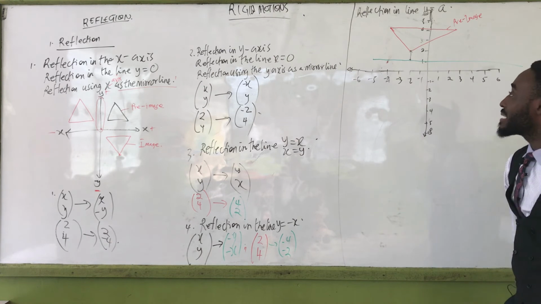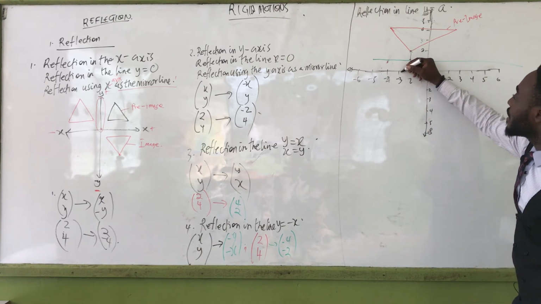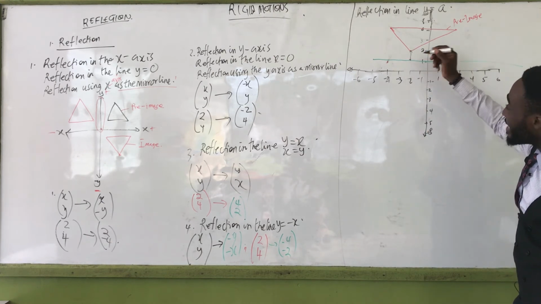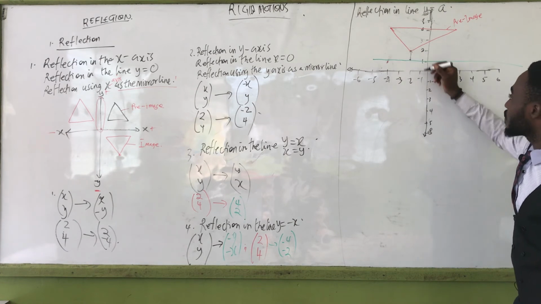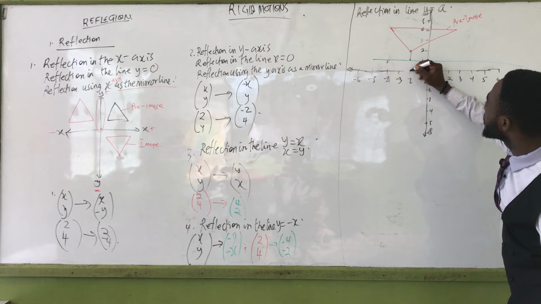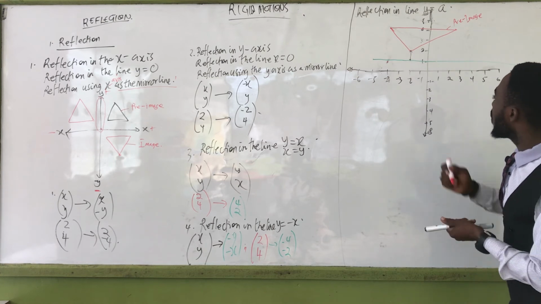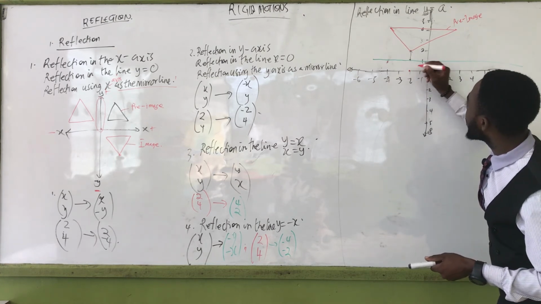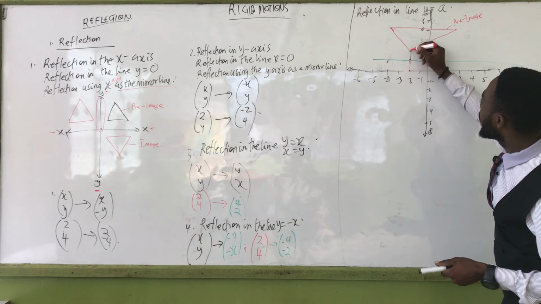The pre-image distance is always going to be the same as the image or the post-image distance. So from here to here, that's just one box. It simply means our image should also be landing here for this point.